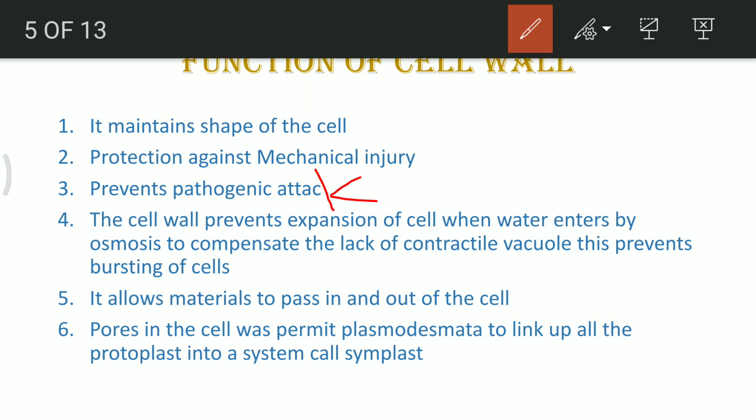The cell wall prevents undue expansion of the cell, because every time water is falling in by rainfall or by osmosis, the roots of the plant are always doing osmosis, because of which the water is moving inside with the help of contractile vacuoles as well as xylem. Now think about the plants undergoing continuous osmosis.